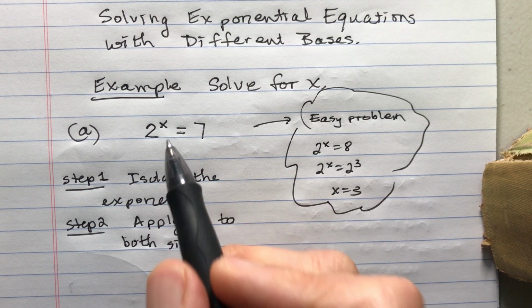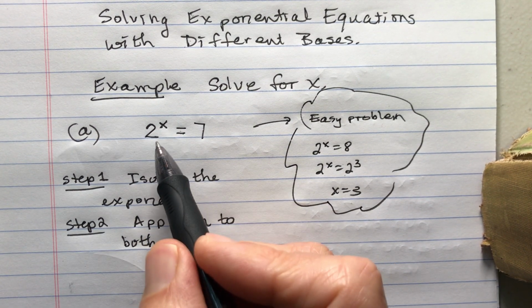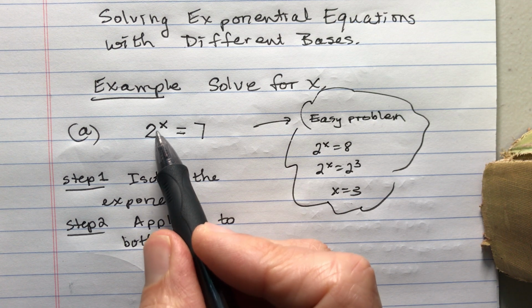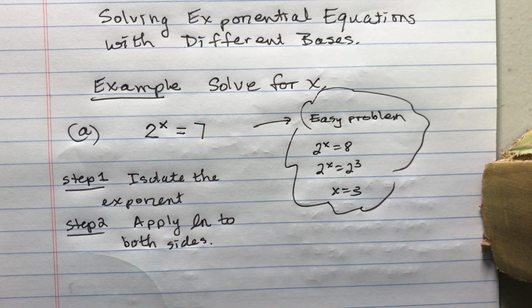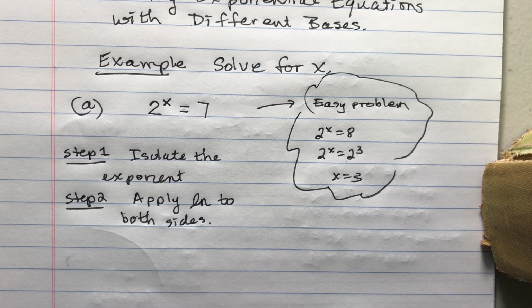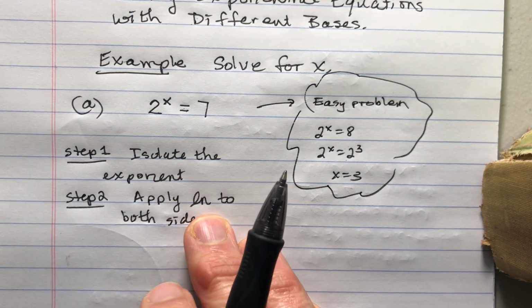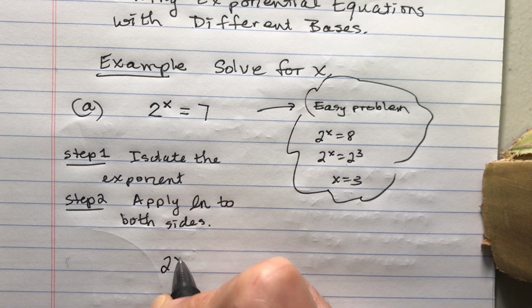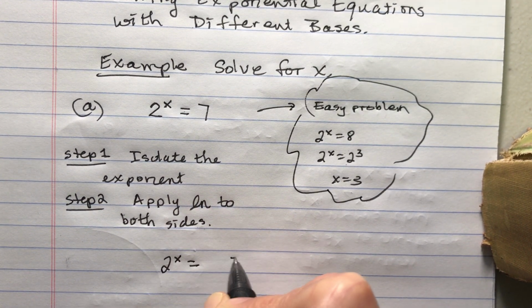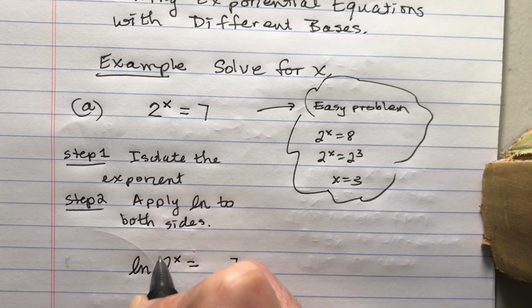We could write this as a logarithm base 2, and that would give us an answer. But in general, it's good to express things in terms of natural log. You could use common log, but natural log is the one that math and science people want to use. So I put ln on both sides.